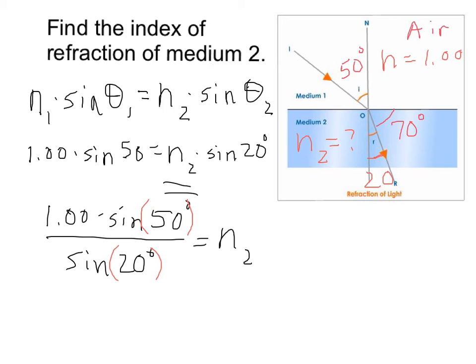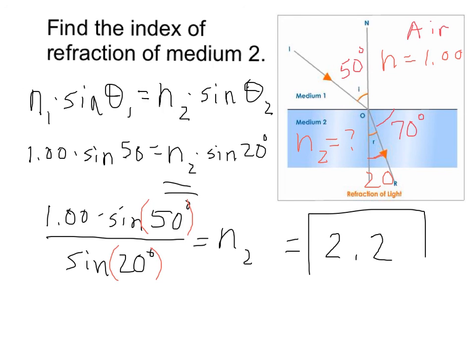You also want to make sure that your calculator is in the right mode. It has to be in degree mode. If you're in a class where maybe you use radians, or maybe you don't even know what mode you're in, you're going to want to double check that by hitting the mode button or some other appropriate button on your calculator. But if you punch this in properly, you will get an index of refraction number of about 2.2.